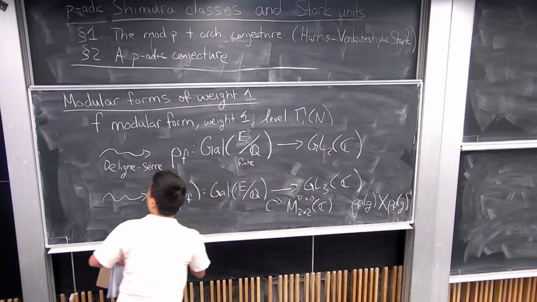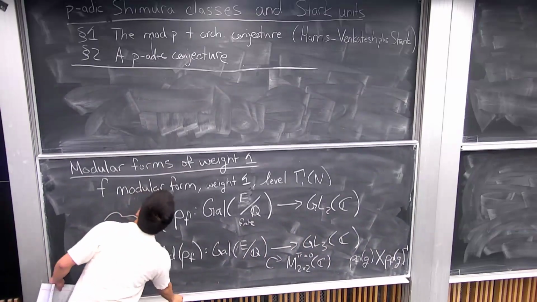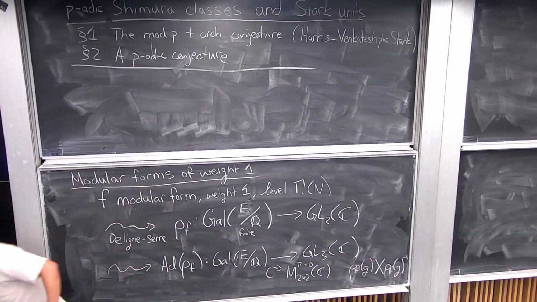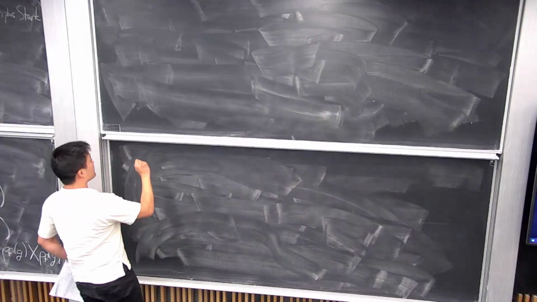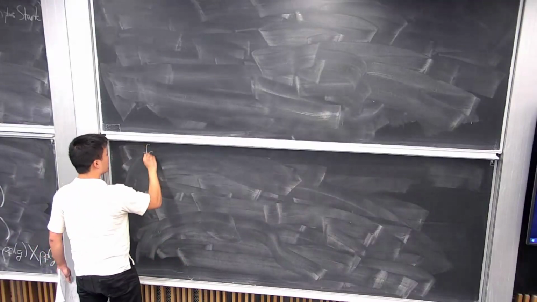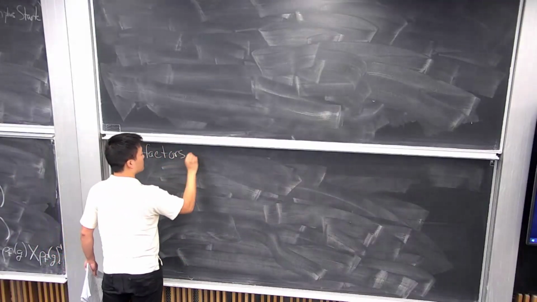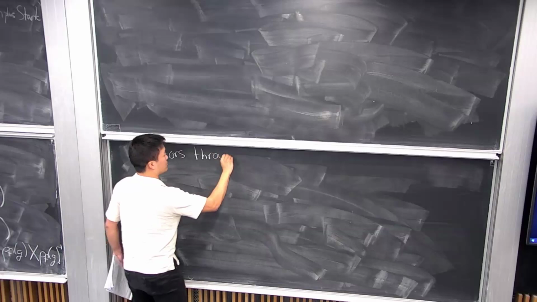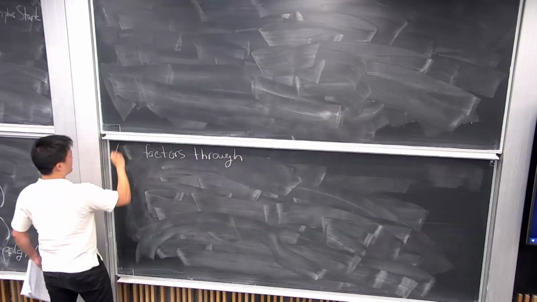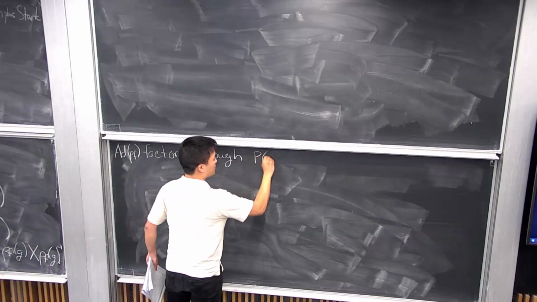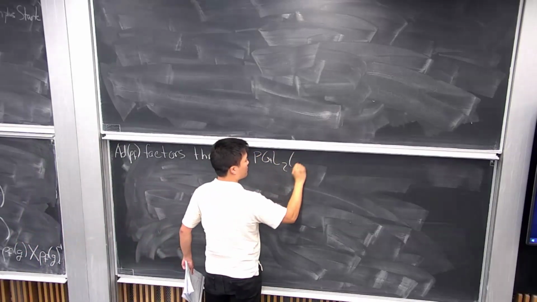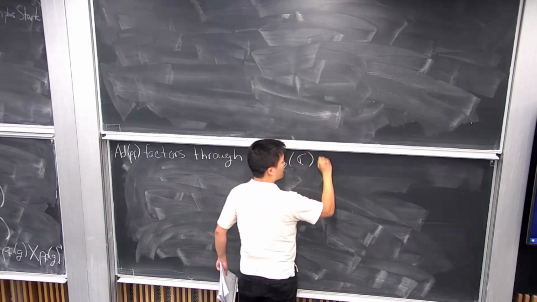And in particular, this adjoint representation has the following nice properties. One, it factors through PGL2(C), as rho F does, or if you prefer, SO3.